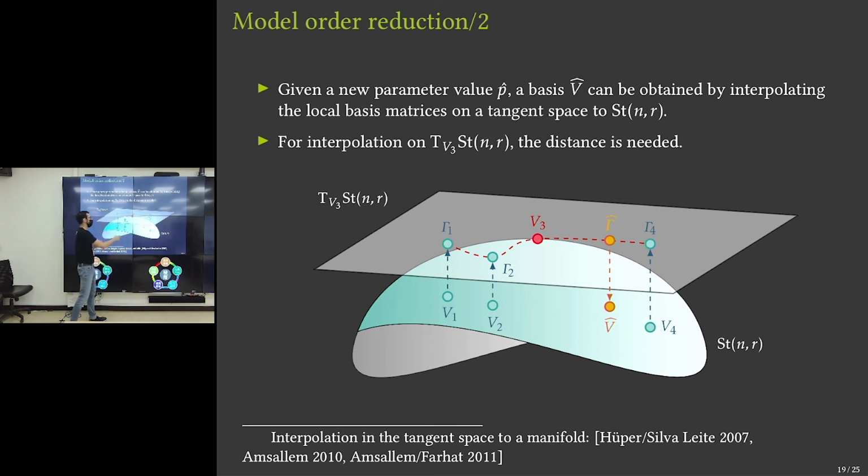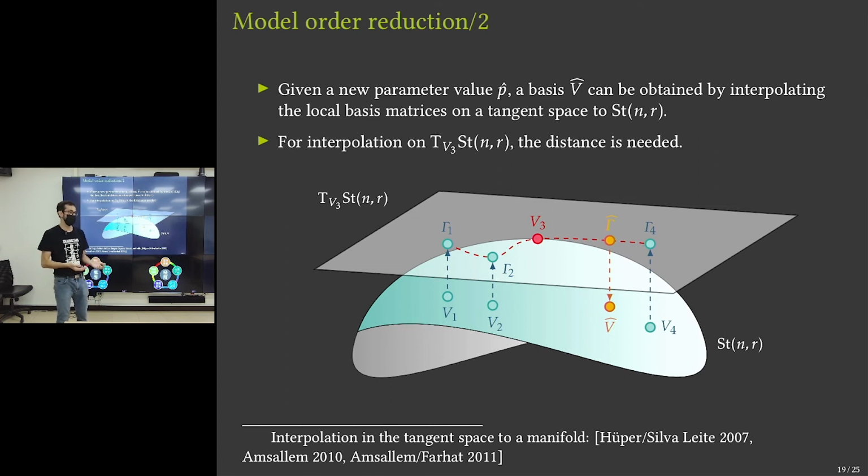as an expansion point. This here in the illustration is V3, and we construct the tangent space. We consider the tangent space, and all the other V1, V2, V4, we lift them to the tangent space at V3. And then when we are in the tangent space with these capital gamma vectors, it is a Euclidean space. So we know how to perform interpolation in Euclidean space.